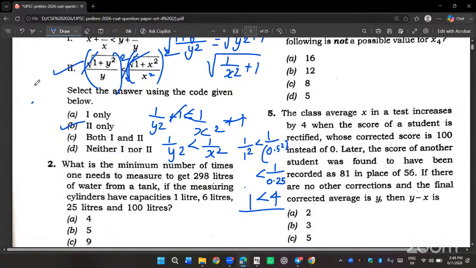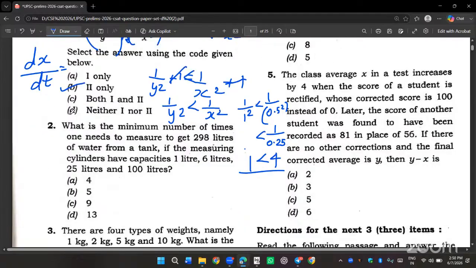Change in distance divided by change in time is speed, or if you take it as a vector quantity, it is velocity. So you need these mathematical applications hereafter. That's all. We will move on to the next question.